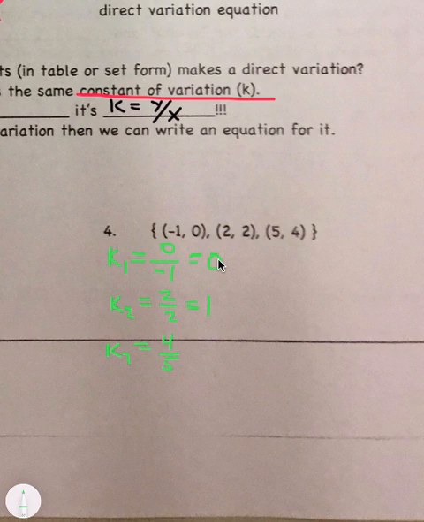So all 3 of them are different, plus k can't be 0. So as soon as you see that, you know it's not direct variation. And then once you see the first two are not equal, it's also not direct variation. So we say not direct variation.